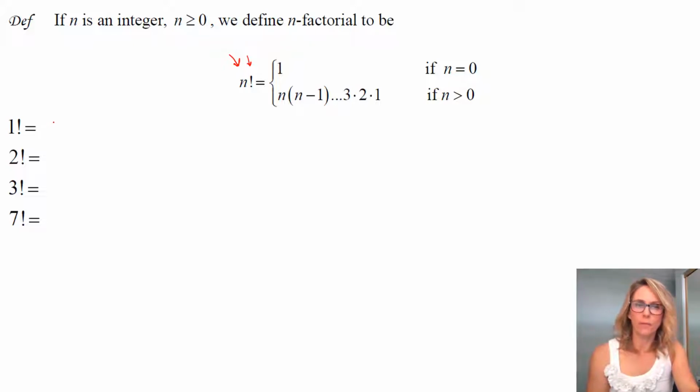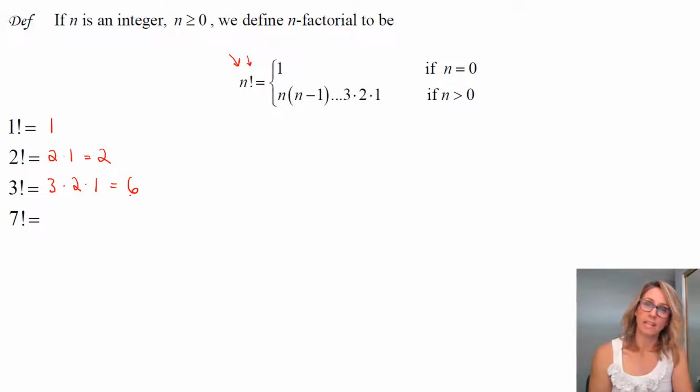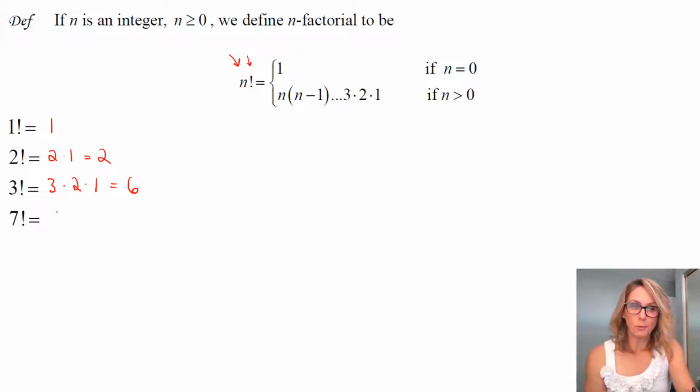So for example, 1 factorial is just 1. 2 factorial is 2 times 1. 3 factorial is 3 times 2 times 1. That's it. 7 factorial is 7 times 6 times 5 times 4 times 3 times 2 times 1.